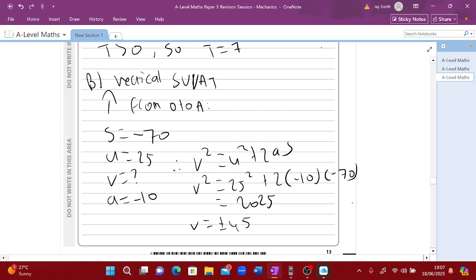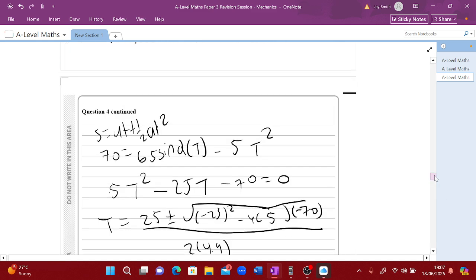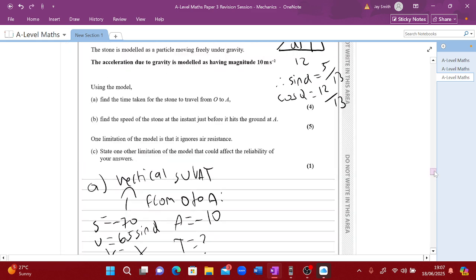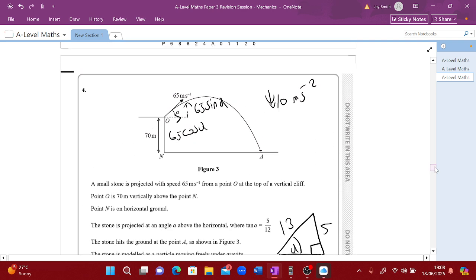Plus or minus 45. But this is where you have to be careful, because actually I don't think it matters at the end. What's happened here is vertically initially it's going up, but then the speed at the end is going to go down.